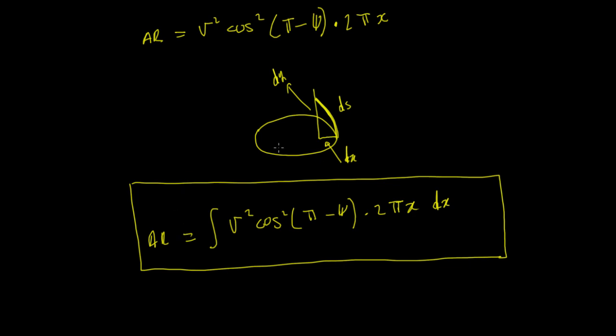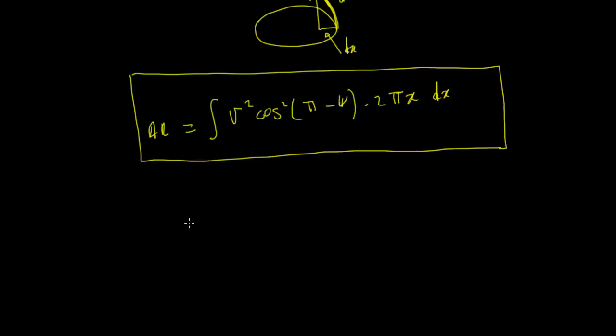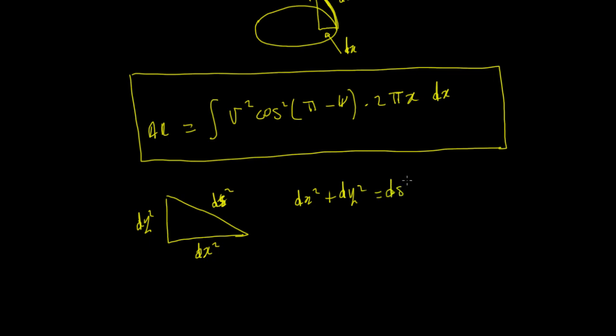So what we want to do then is rewrite that, because we can notice a wee bit of geometry. From what we've done previously, if we look at the Pythagoras theorem in terms of differentials, we can say that's dx squared, that's dy squared, and that's ds squared. Then dx squared plus dy squared equals ds squared.